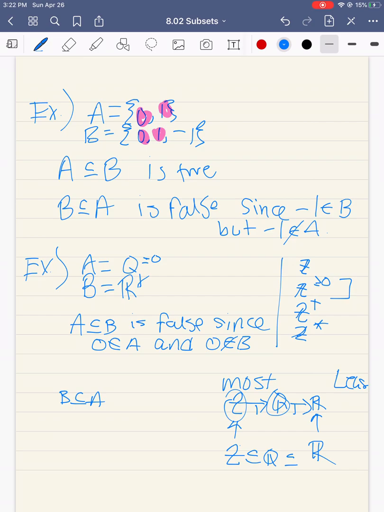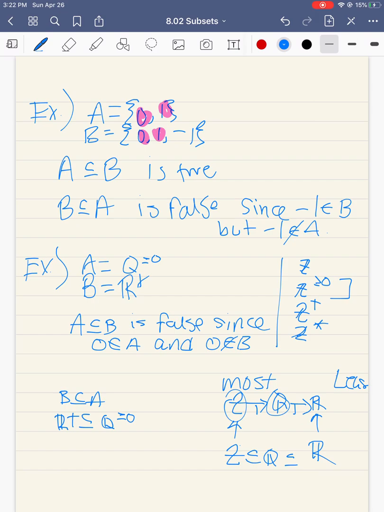So when you are questioning if the least restrictive set is a subset of a more restrictive set, the answer most of the time is going to be no. And these ones are easy to figure out because obviously there are a lot of things in the set of reals that aren't in the set of rationals.